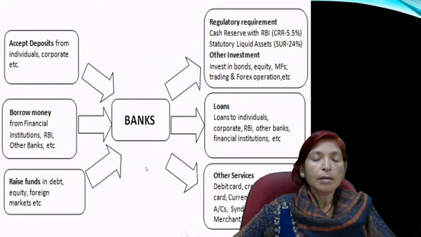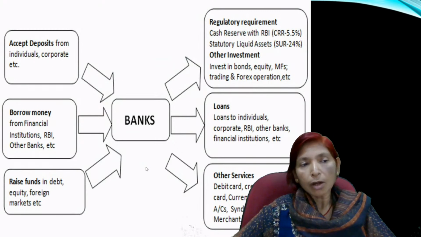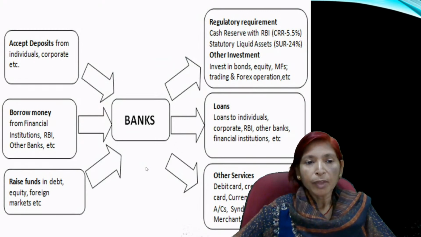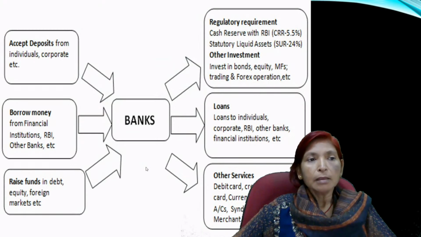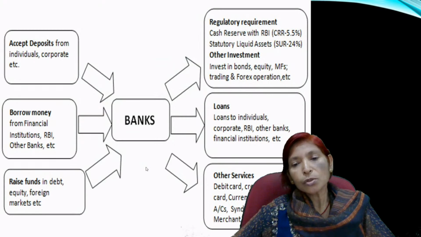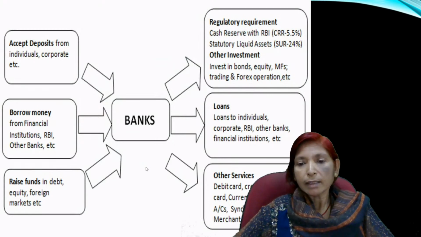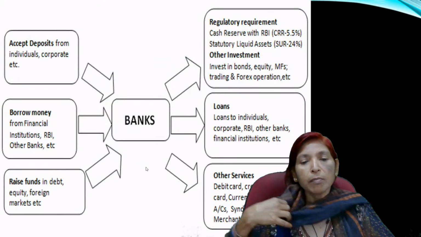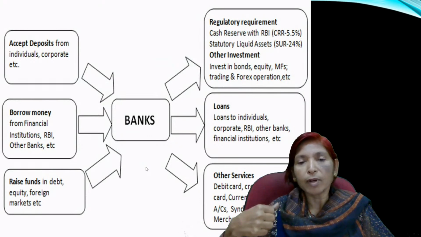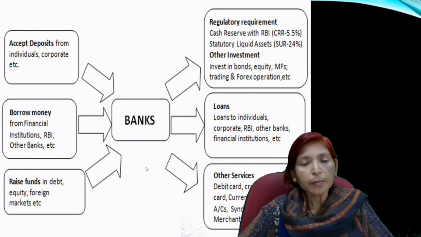Commercial banks mainly accept deposits from individuals or corporate sectors, etc. Banks accept deposits and provide loans to borrowers, individuals, corporate sectors, RBI, other banks, and financial institutions. Banks can give loan and advance facilities to the producing or farm sector or other sectors.